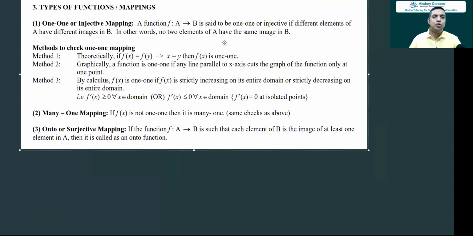That is why we need to know some types of functions. So there are one-one functions, many-one functions, onto functions. This is the classification of the mappings: one-one, many-one, onto, and into functions. So let us look into that.